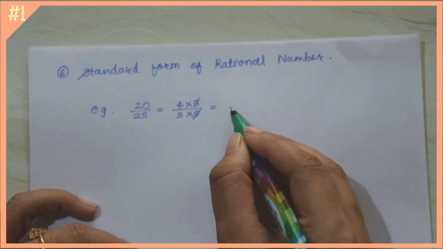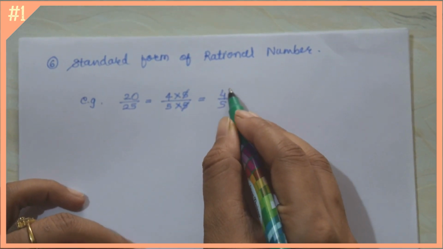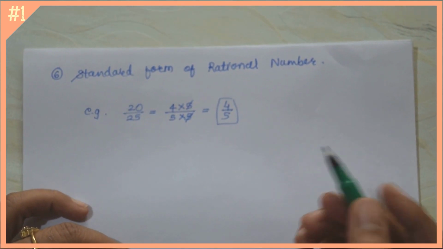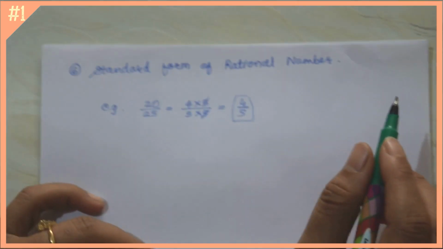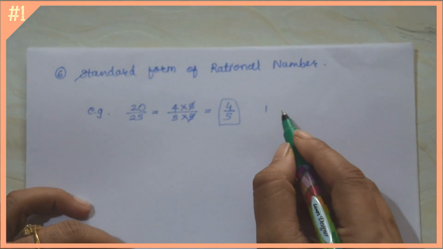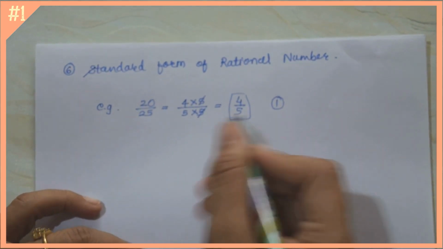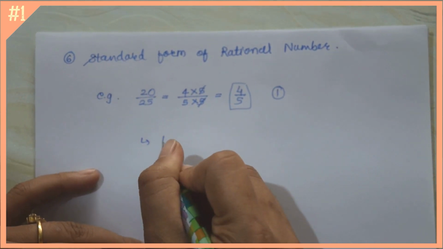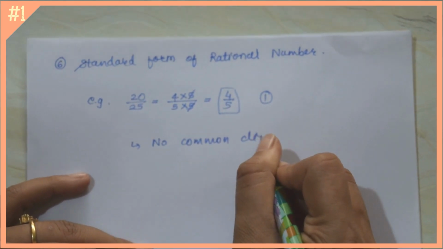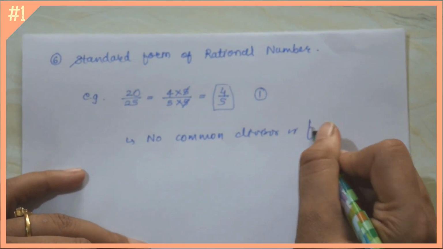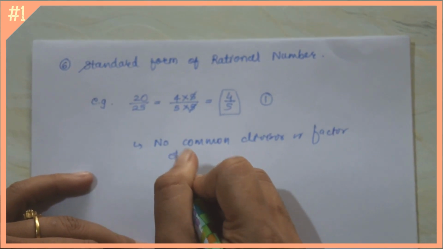So this 5 gets cancelled. Now we have 4 upon 5. Now do they have anything in common? No. The only common factor is 1. So this is one condition: they should not have any common divisor or factor other than 1.